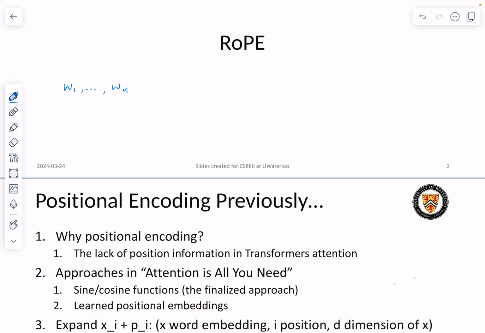And the first thing that you do is you feed them through an embedding layer, called E or something, and then you get vectors x1 to xn. These are the outputs of the embedding layer, and W1 to WN are just raw words. You combine them into this big matrix X.